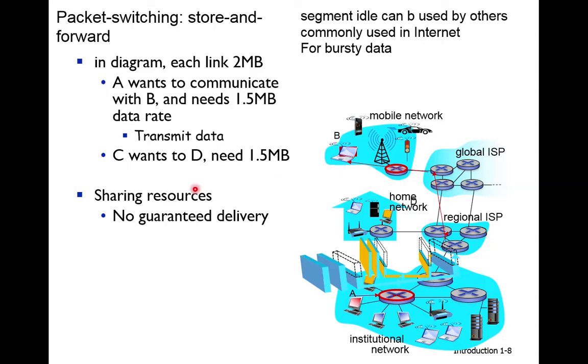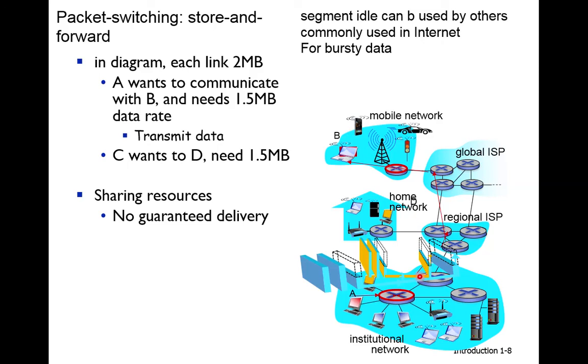Packet switching is like the GT road. When you come to a junction and suppose there is a choke, there are many cars waiting, and there is some accident, you have to wait in the queue.